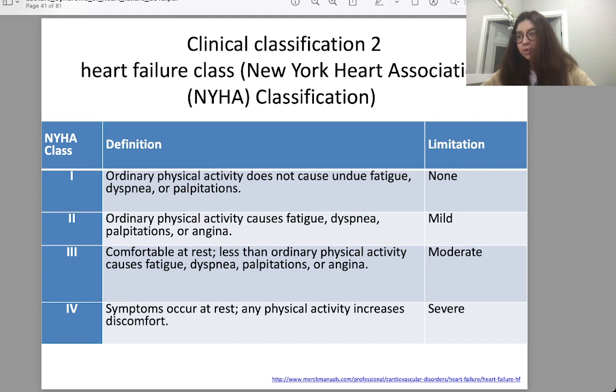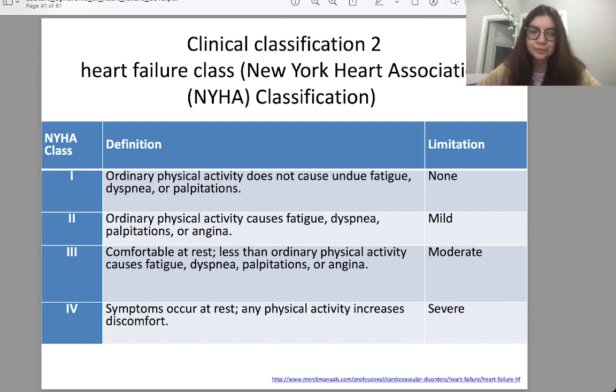And the most usable classification in the whole world, according to severity, is classification according to functional classes by the New York Heart Association. According to the New York Heart Association classification, functional class 1 can be defined as ordinary physical activity does not cause undue fatigue, dyspnea or palpitations, or simpler, it is no limitation of physical activity.